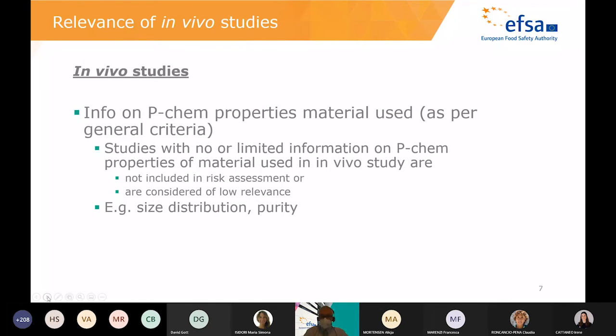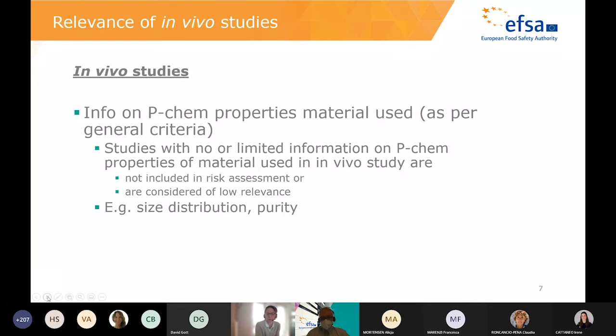Thank you, Jose. So Jose pointed out some experiences from practical application of the guidance for in vitro studies. And here are a few slides on the relevance of existing in vivo studies. So first of all, as also Alicia pointed out, it's very important to have information on the physicochemical properties of the material used.